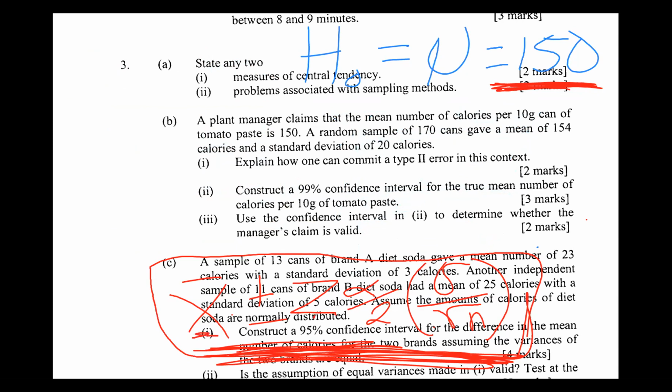X bar is the mean that you get when you have sampled the population. It's the mean from the sample that the researcher got. We found it to be 154. Then this plus or minus is helping us to create the range that we are going to be creating.